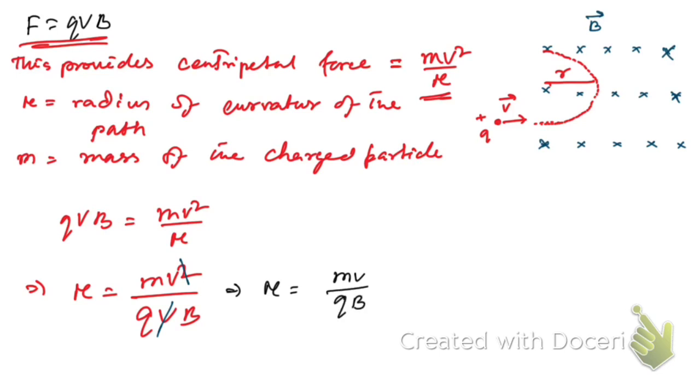Here you see, q and B, this part is constant, and mv represents momentum.